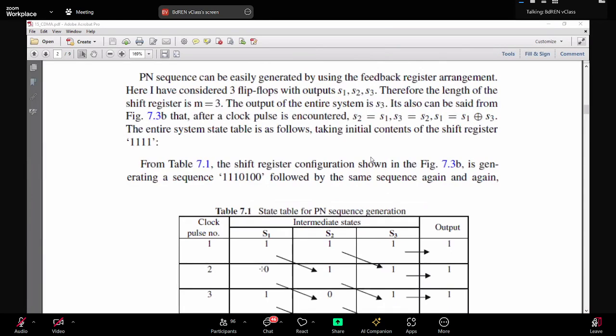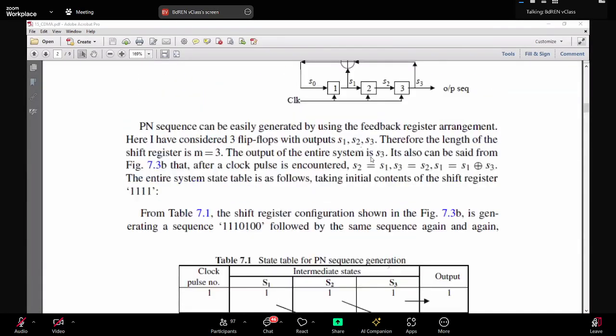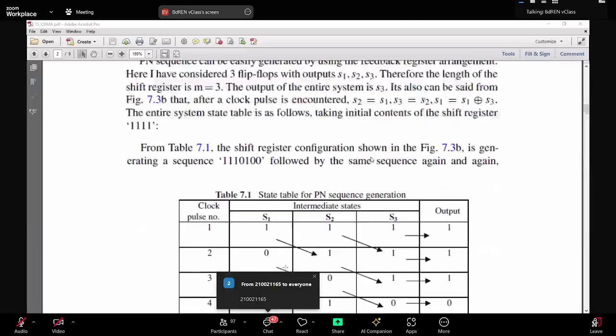Is it XNOR or XOR? Let me check on that. But in our logic, when the two are similar, the output is 0. If these two are different, the output is 1.